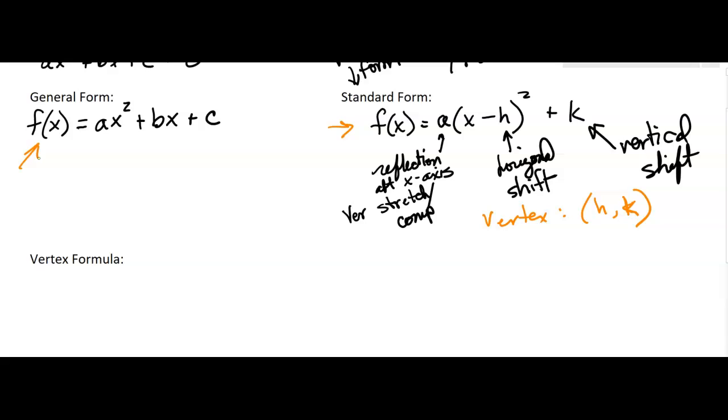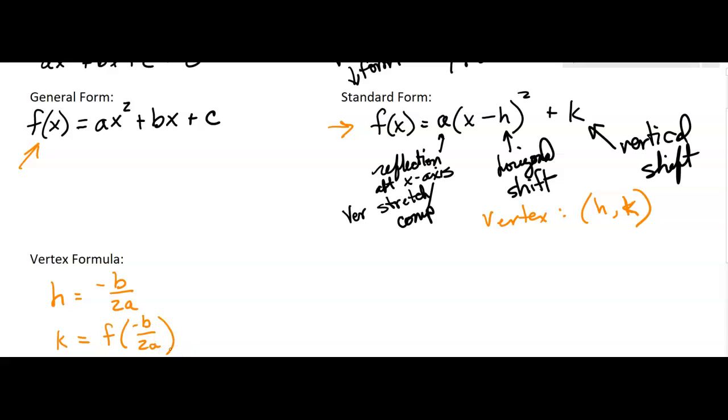If it's not in standard form and you need to find the vertex, but it's in general form, you can use this. h is equal to the opposite of b over 2a, and then k is equal to f of whatever you got for that value.